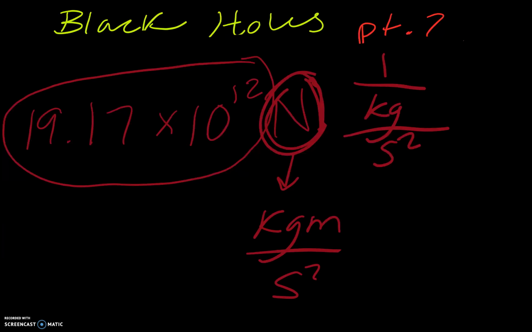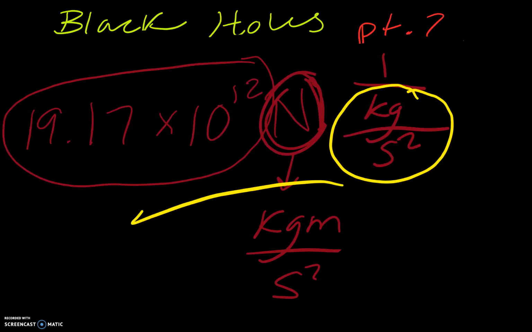So essentially what we're doing is 1 divided by kilogram per second squared. So you'll remember that what we do is we keep the first number. So we're going to do this over here, 1 times, you change the sign, so that's keep, change, and then you flip your fraction on the bottom. So you're going to get second squared over 1 kilogram.